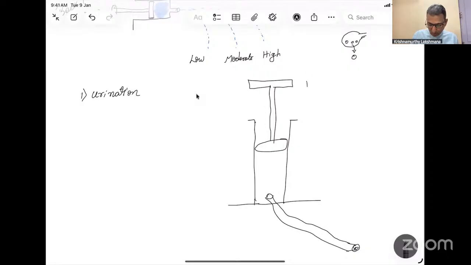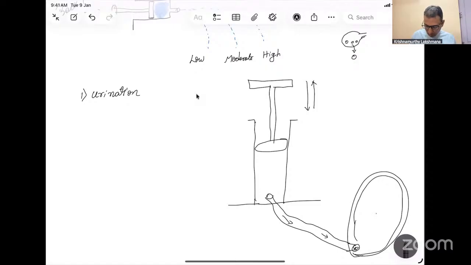This goes in and comes out. By doing that, the air is moving here and then going to the wheel, the tube. It is pumping air and building the pressure inside the tube. Right?